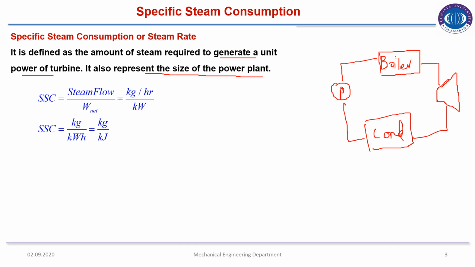So at the inlet of the boiler, we have saturated liquid, whereas in the boiler Q amount of heat is supplied, and at the exit of the boiler we get saturated vapor.